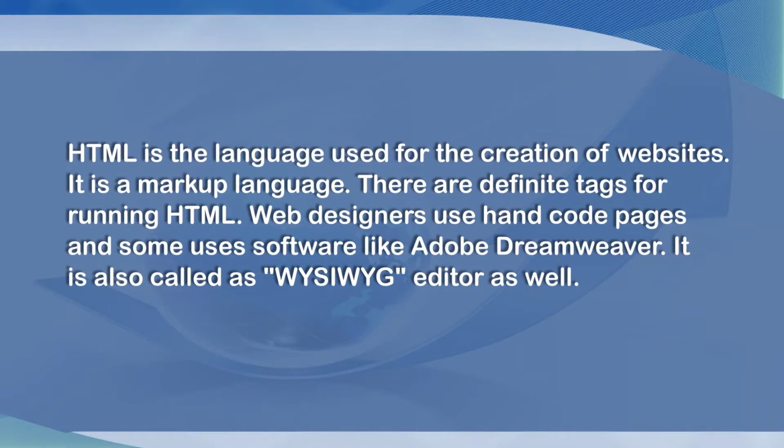HTML is the language used for the creation of websites. It is a markup language. There are definite tags for running HTML. Some web designers hand code pages and some use software like Adobe Dreamweaver, also called a WYSIWYG editor. The layout and appearance of web pages and websites depend upon this.